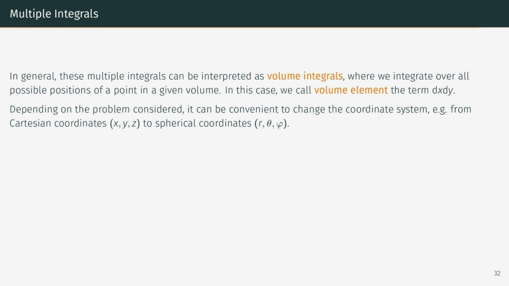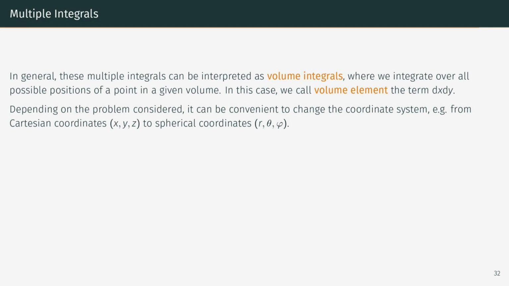In general, these multiple integrals can be interpreted as volume integrals, where we integrate over all possible positions of a point in a given volume. In this case, we call the volume element the term dx dy. Depending on the problem considered, it can be convenient to change the coordinate system.